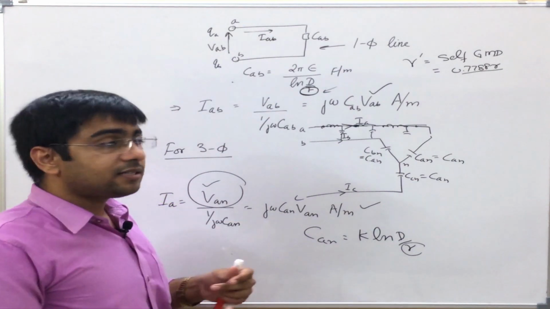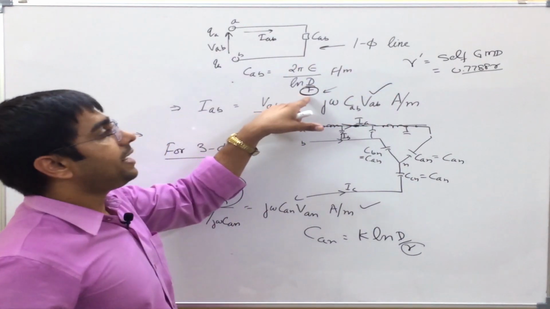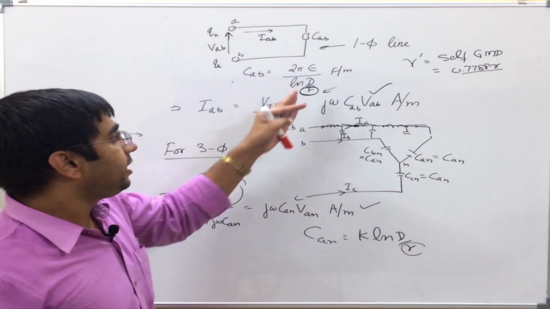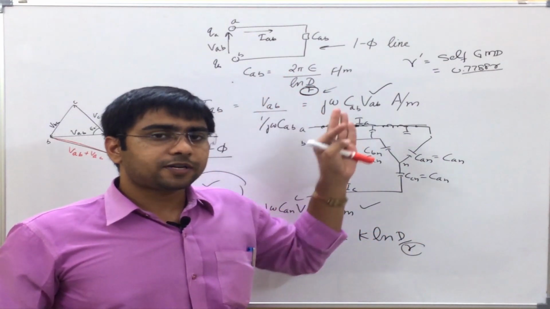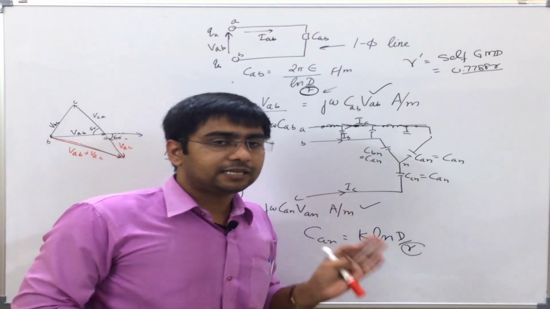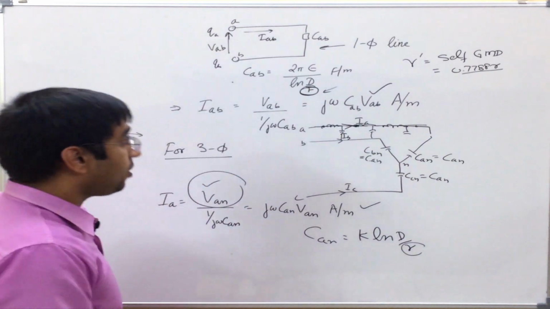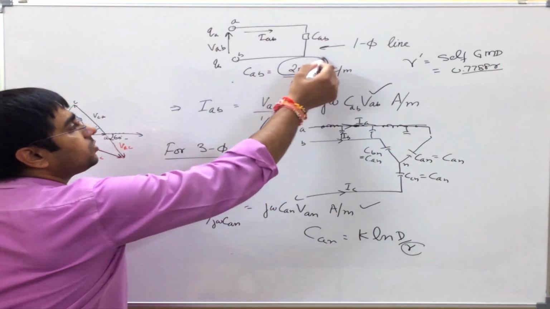But in capacitance it is the actual radius. So that's the only difference if we see the logarithmic part of the expression of inductance and capacitance, and the rest will remain the same in the logarithmic part. The only difference will be in the constant K.